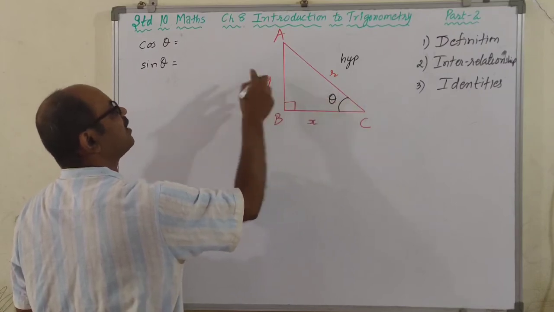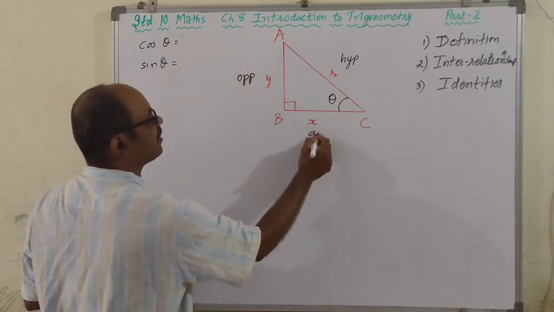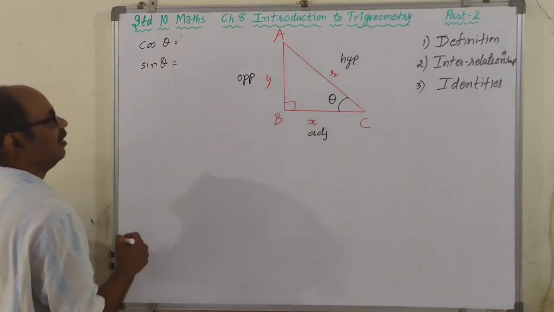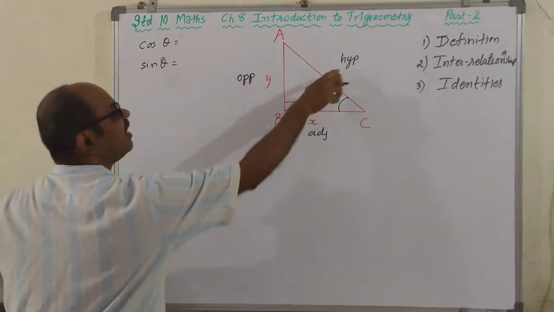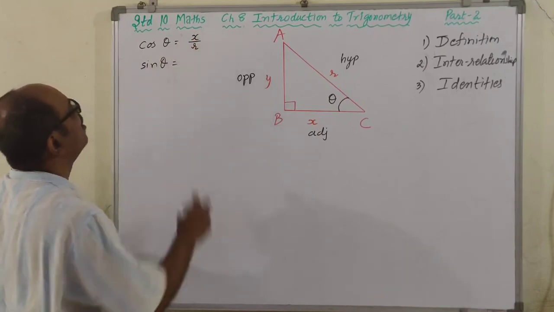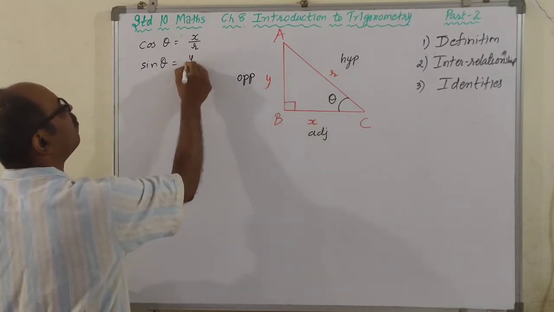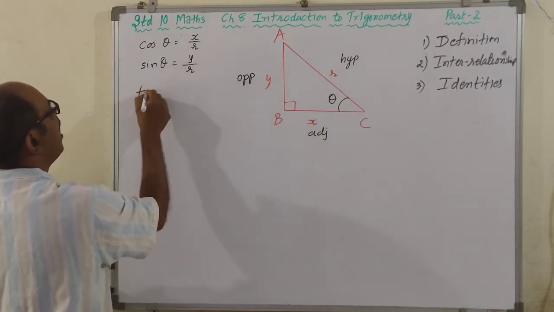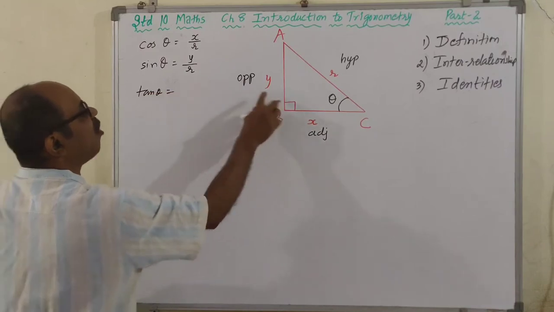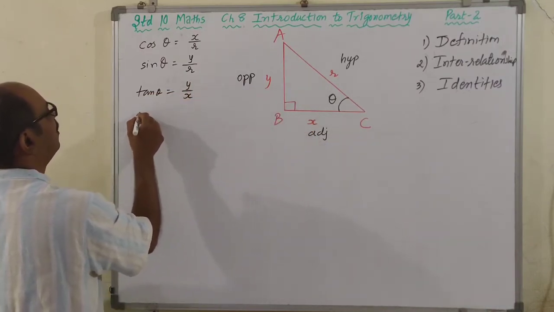Angle is theta, the side opposite to that is AB. So this remaining side is the adjacent side. So cos is adjacent upon hypotenuse, that is x upon r. Sine is opposite upon hypotenuse, that is y upon r. And tan theta is opposite upon adjacent, that is y upon x.